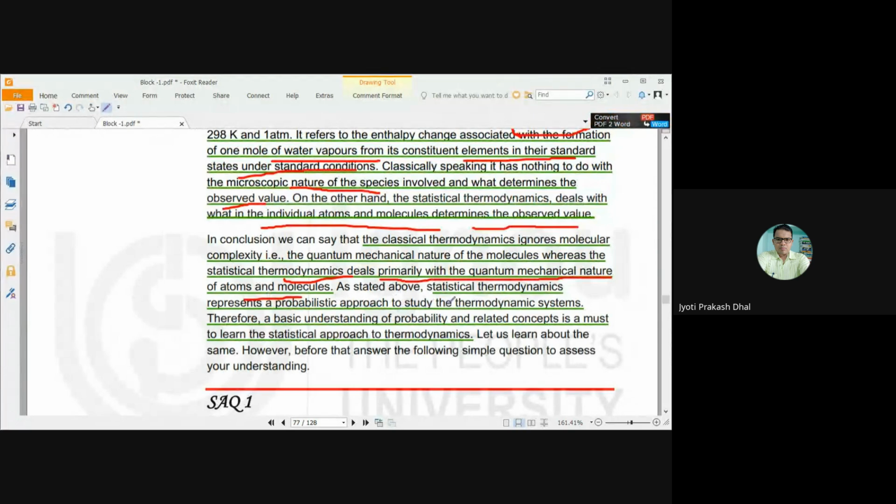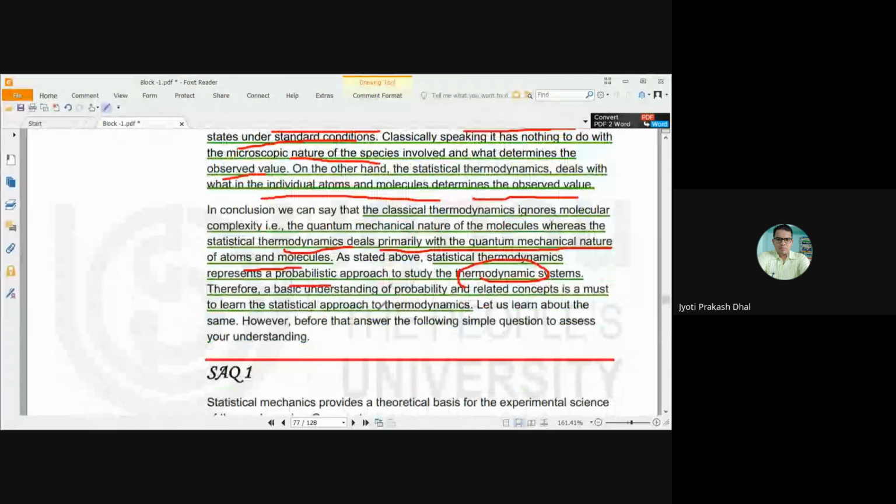As stated above, statistical thermodynamics represents a probabilistic approach to study thermodynamic systems. Therefore, a basic understanding of probability and related concepts is a must to learn the statistical approach of thermodynamics. So statistical thermodynamics deals with both the microscopic and macroscopic properties of matter.